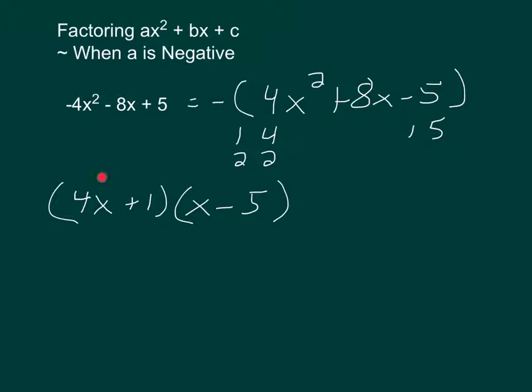And we know that the first will multiply to 4x squared, the last will multiply to -5. So once again, we just check the middle term, make sure it's going to work out. And that's going to be -20x plus x is a -19x. That's way off. That's kind of a bad sign. Definitely don't want to do it this way.